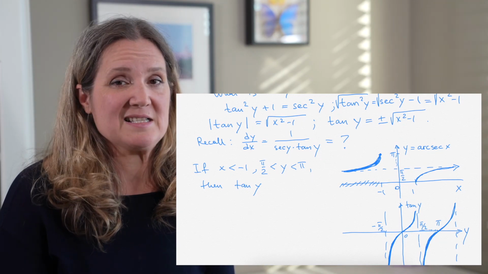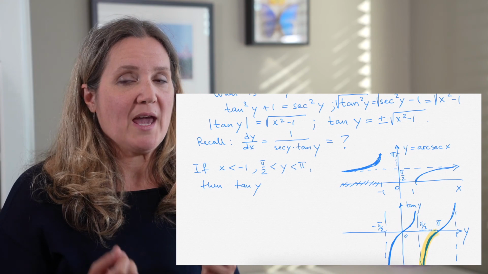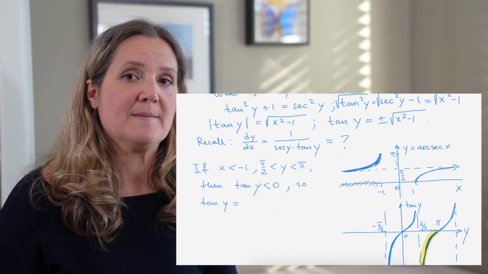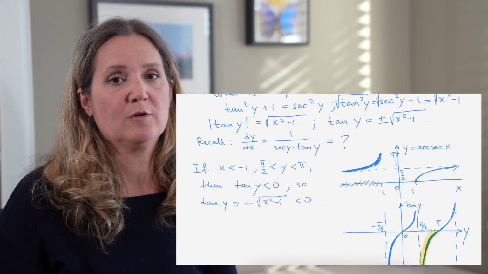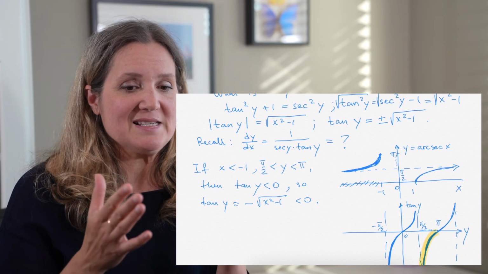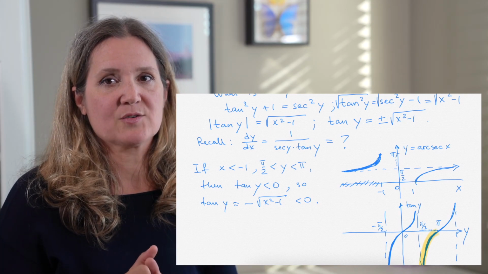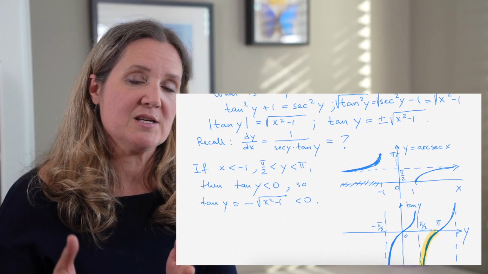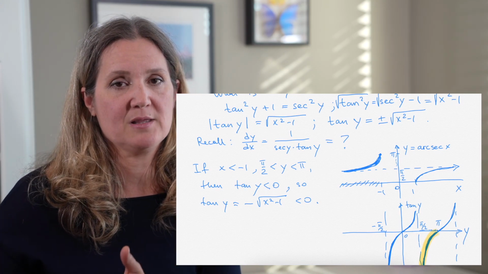Therefore, if x is less than minus 1, we have to replace the tangent of y with the negative square root of secant squared of y minus 1. And of course, the secant of y is exactly x, so the tangent of y would be replaced by minus the square root of x squared minus 1.